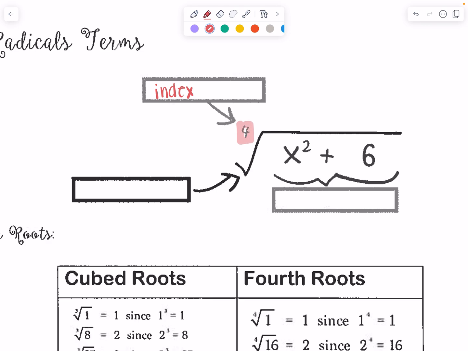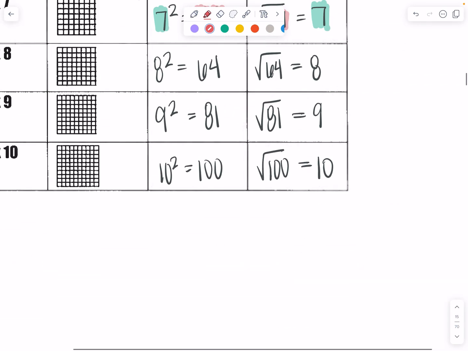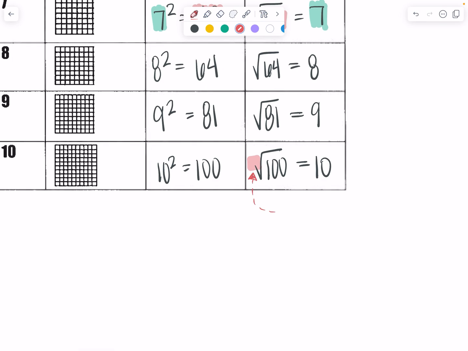And if I don't see a number, I assume it's a 2. So back here, where I didn't see a number, I assume that the index is a 2 for square roots. We just don't write it because square roots are the most common.